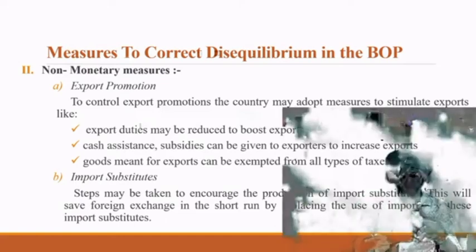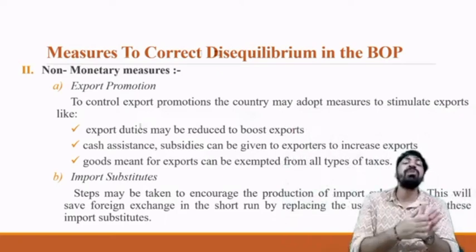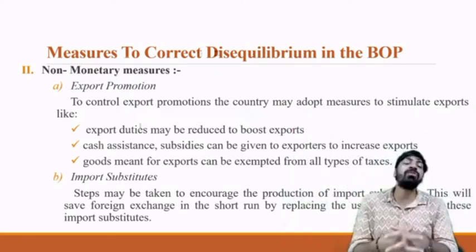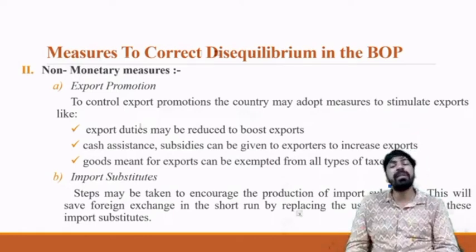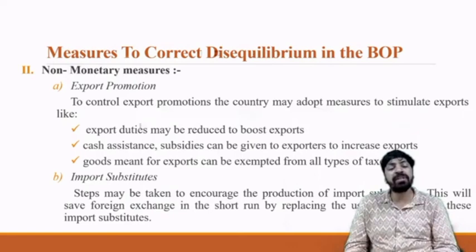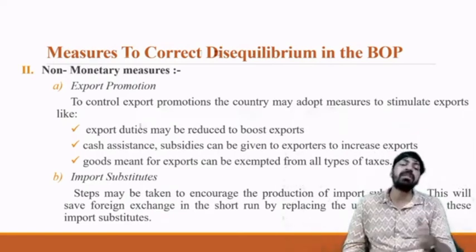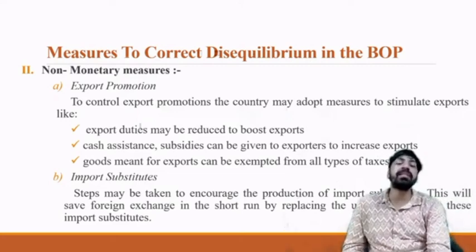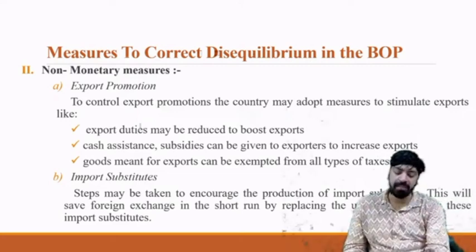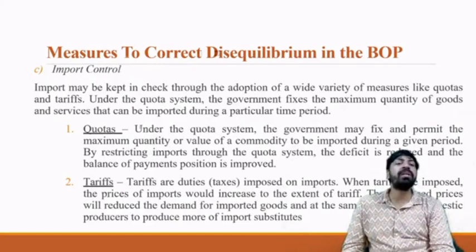If any good is not available, another good would always be ready to substitute, reducing the demand for imports in the home country and saving foreign exchange in the short period. So this is also one of the measures to correct disequilibrium in the balance of payment. The next one is import control.